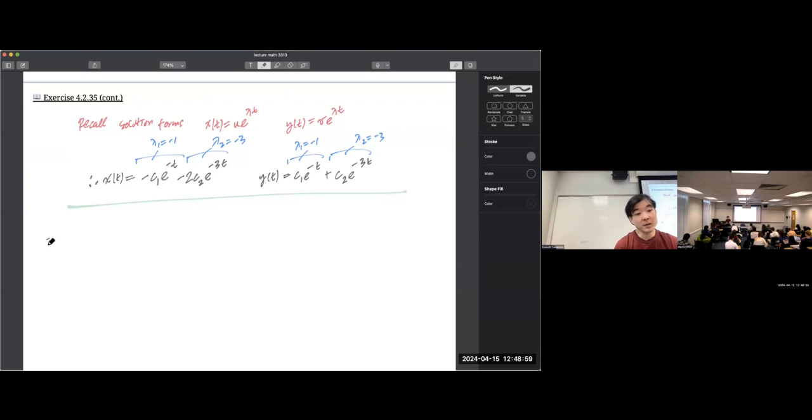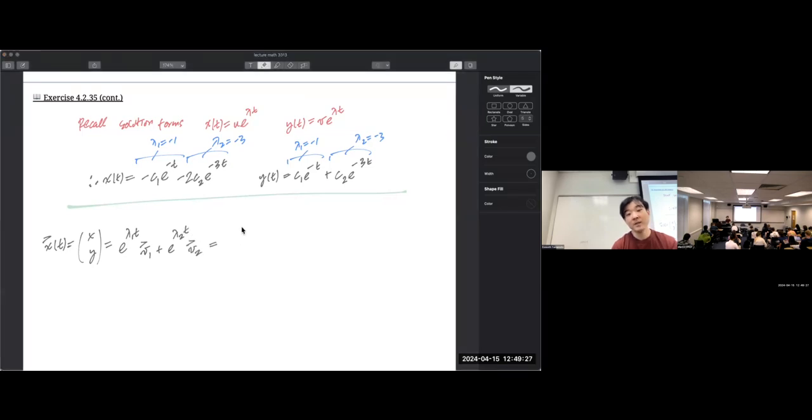But a lot of people also like to write this in vector form. The solution vector x is a function of t, built off your x and y. People like to say it's e to the lambda 1t times its corresponding eigenvector plus e to the lambda 2t times its corresponding eigenvector.